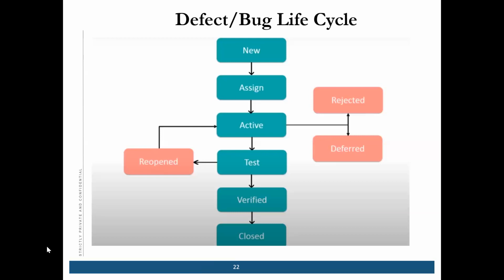Correct. New is by the tester. Then you assign it to the developer. The developer can reject it, defer it, and there is also one more: duplicate.